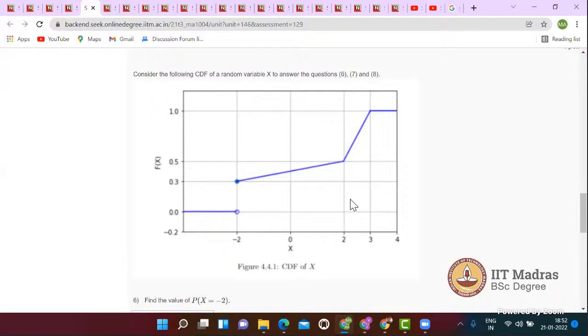The exact value you'll get after plotting, or if you calculate the equation of the line and then put the value of 1, whatever value you are getting, that is the CDF. CDF means less than or equal to that value. And you have to calculate greater than or equal to, so you can just do 1 minus less than or equal to, and you'll get it for greater than or equal to 1. Okay, sir. Thank you.